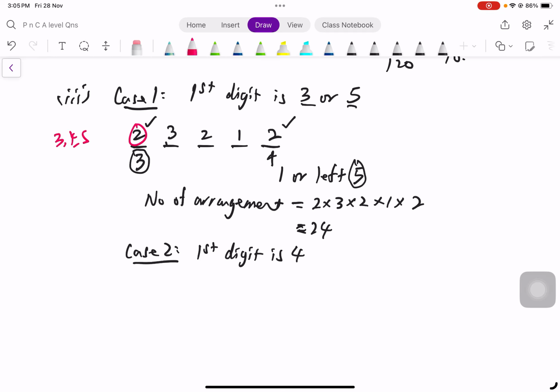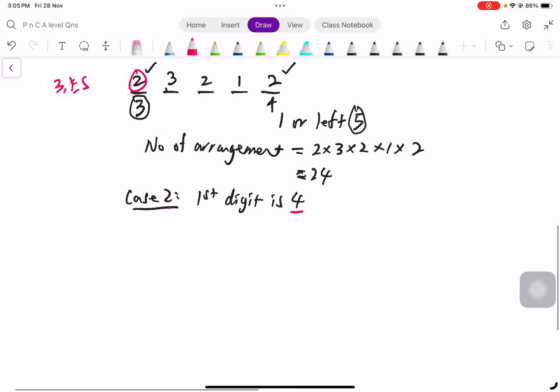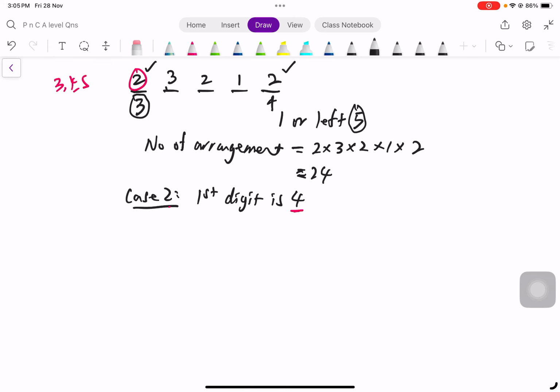My first case covers when the first digit is 3 and 5. The second case, the first digit is actually a 4. Now we look at this 5-digit number. I will use a circle to show that it is this digit 4.